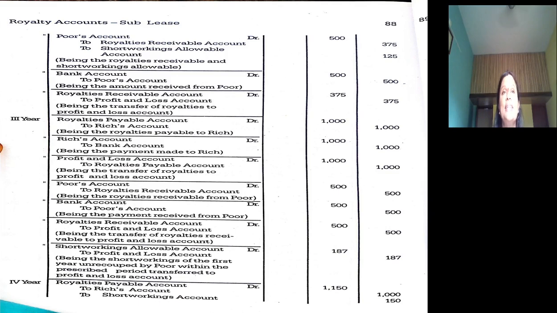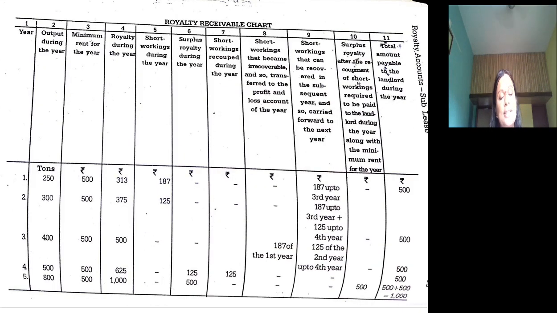During that year, there is irrecoverable short working, which is a loss to the lessee but a profit to the lessor. Now we are passing entries in the books of Quick as a lessor, particularly sublessor. So short working allowable account debit to profit and loss account 187. Remaining short working will be carried forward. This is with regard to the third year.